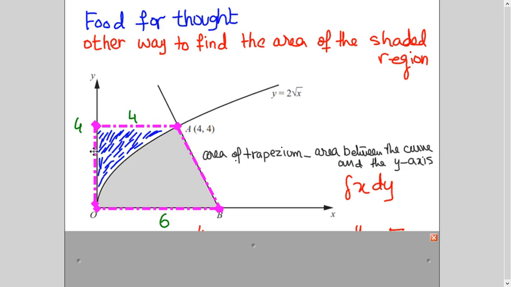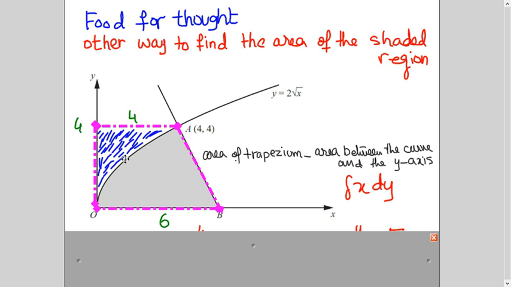The one I have solved was area between the curve and the x-axis. So if you want to do the other way around, you can do area of a trapezium minus this blue area. It will give you the shaded region. And this blue region is basically area between the curve and the y-axis.